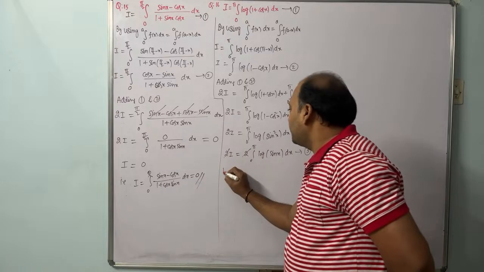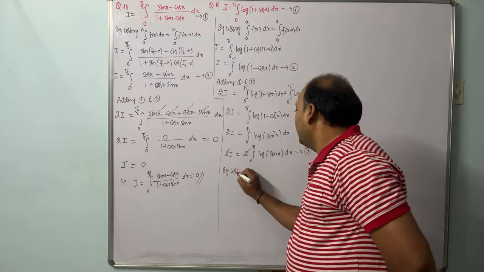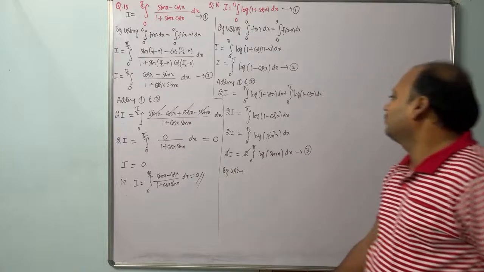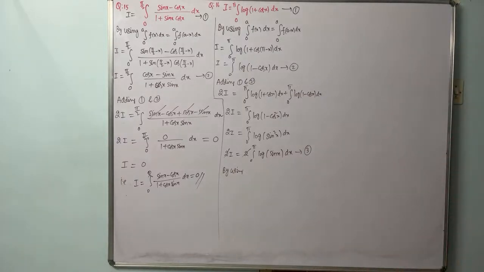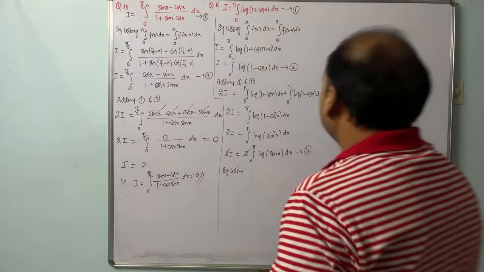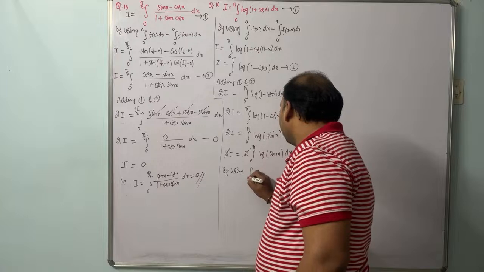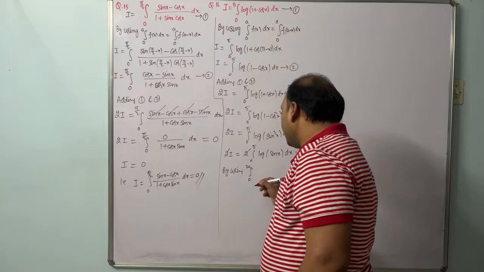Again by using the property. One minute, students. First we need to verify integral 0 to 2a. Here pi by 2 is not there.